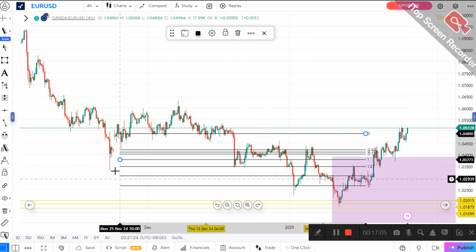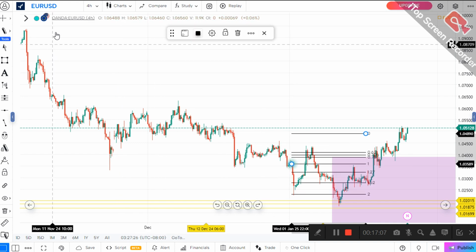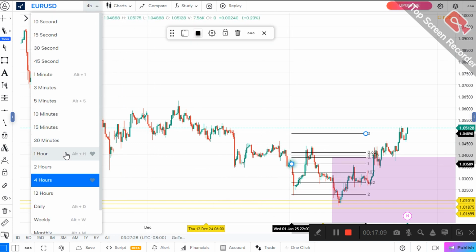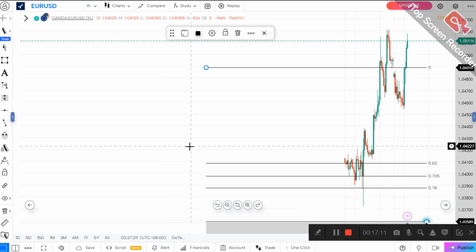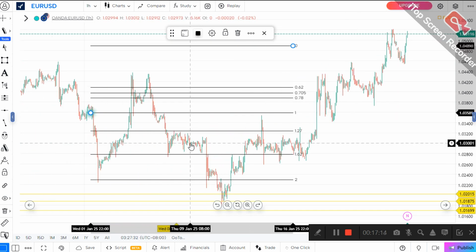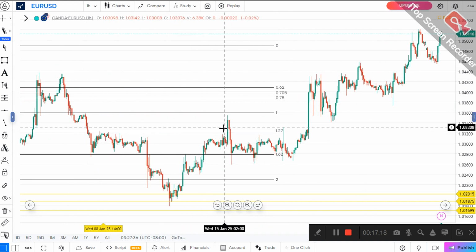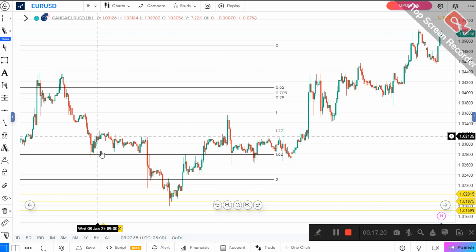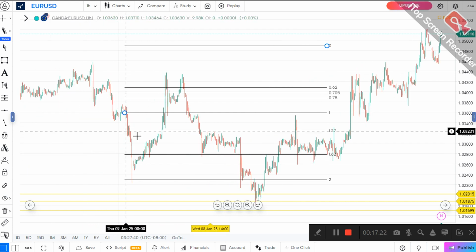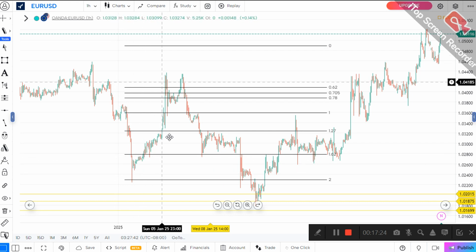Okay, so we want a more accurate result, so we go to the 1 hour chart. This is the 1 hour. There we go, a more accurate chart. We have three lines. Again, this is against the trend. We want the closer one.